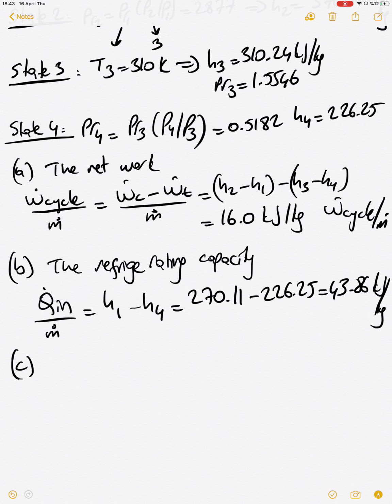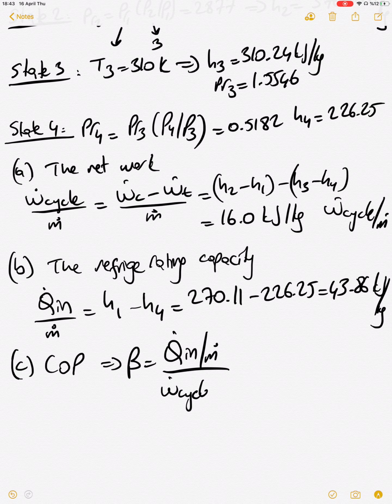And the coefficient of performance, beta, is Q dot in over m dot divided by W dot cycle over m dot, which is 2.74.